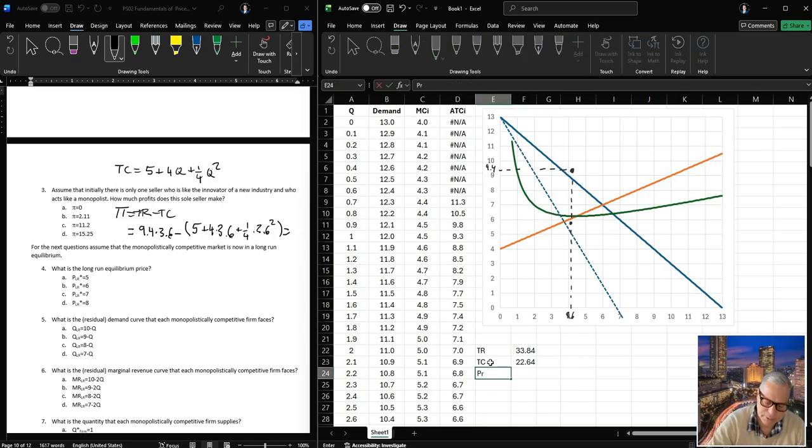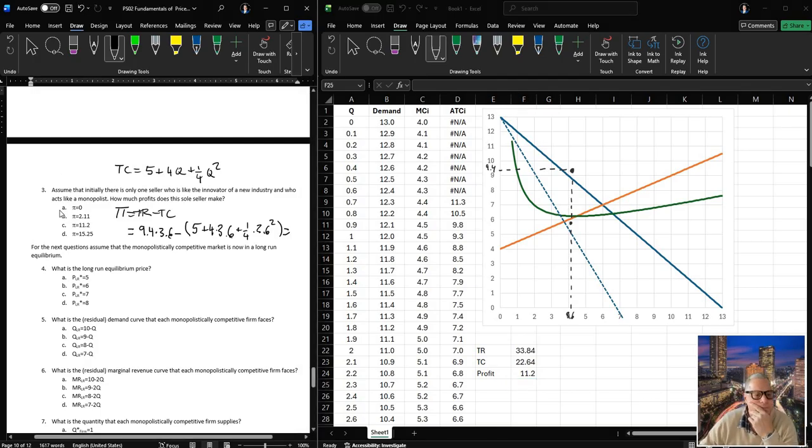So profit is equal to this, total revenue minus total cost, 11.2. For the next questions, assume that the monopolistically competitive market is now in a long-run equilibrium.